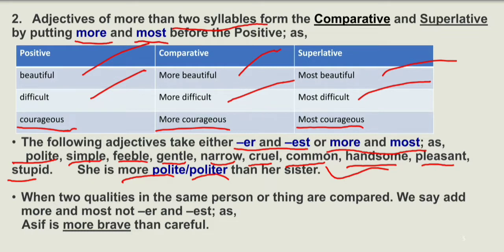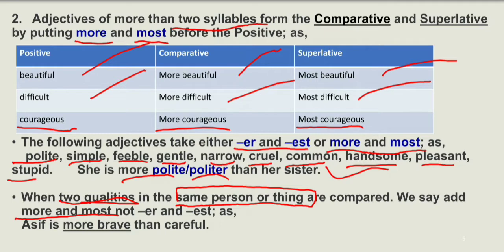Next, when two qualities in the same person or thing are compared, we add more and most, not er and est. In the previous case, if two persons are compared with each other, we say Asif is braver than Ali.